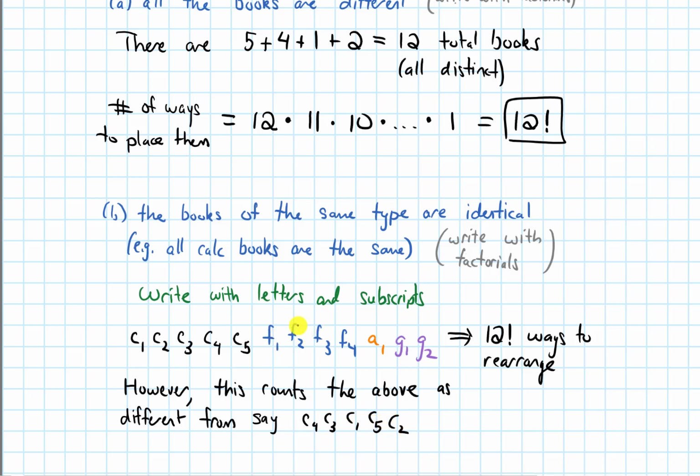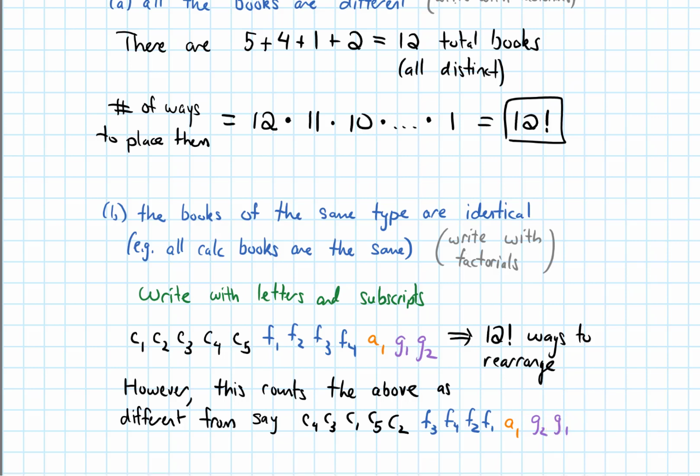And maybe I changed the order of the F's, so maybe I did F3, F4, F2, and F1, and then, so I can't really change the order of the algebra book. So let's just say I keep A1 there. And if I swap the order of the geometry books, for example, I'll get G2 here, and then G1 there.